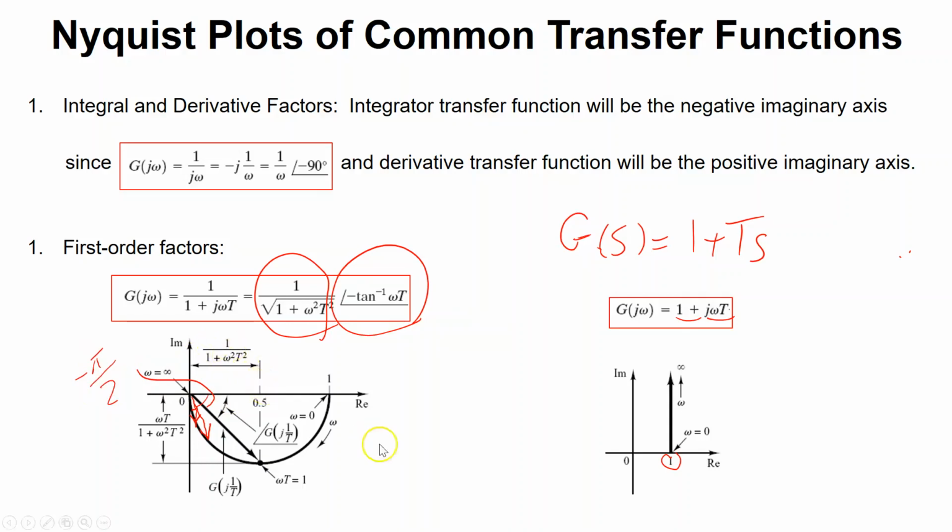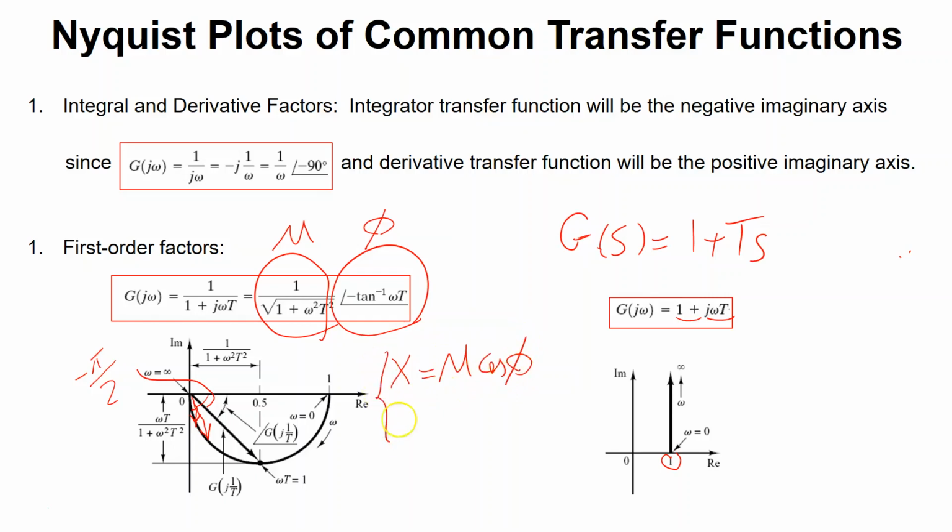And how can you show that it is a circle? Well, all you need to do is find the real and imaginary part. And again, it's not hard to show. If I call this magnitude M and this phase phi, then x is going to be what? Magnitude times cosine of phase.